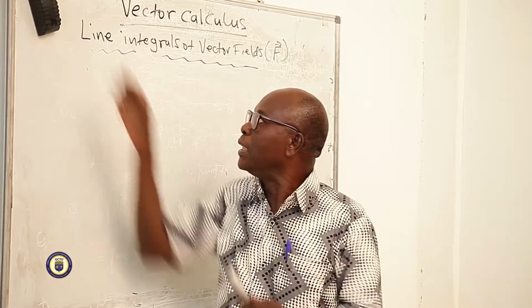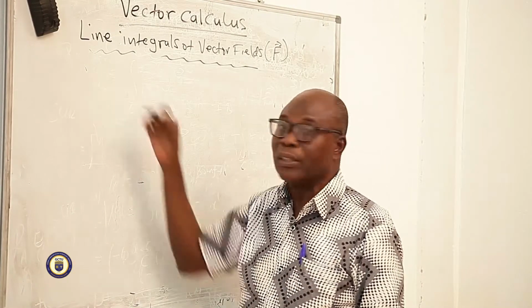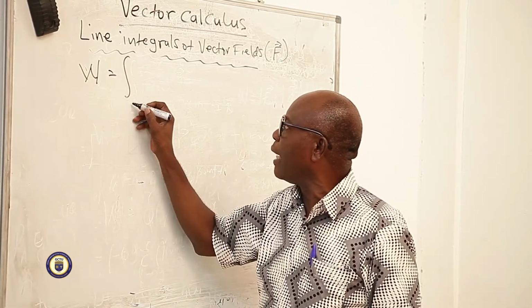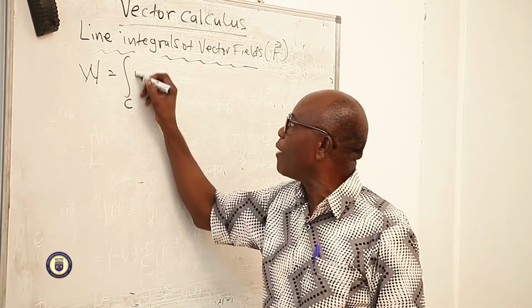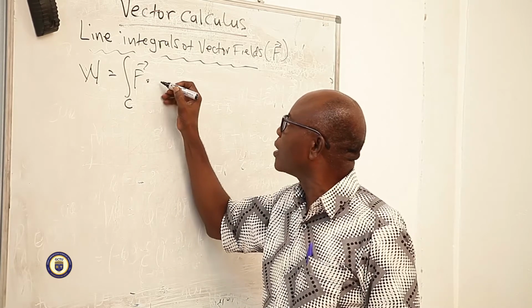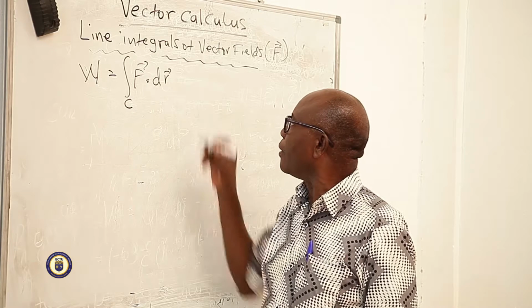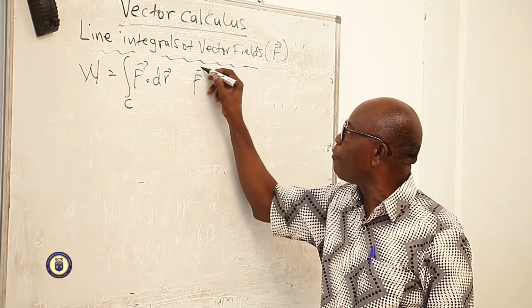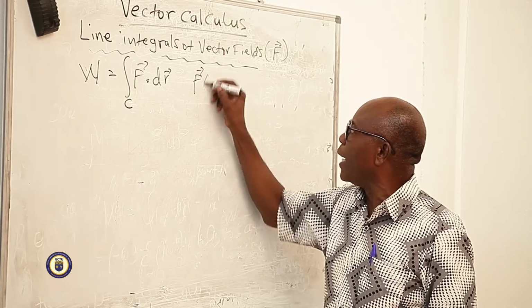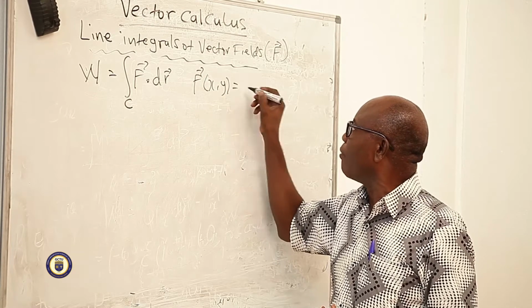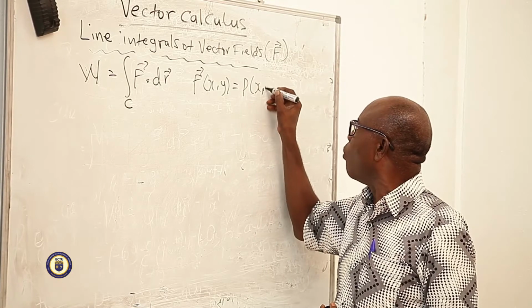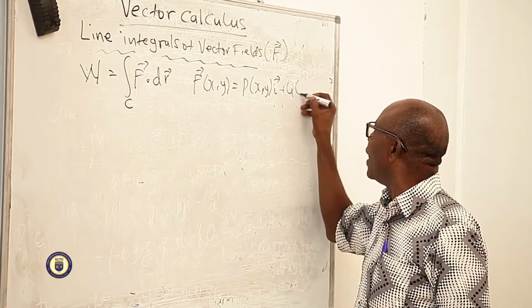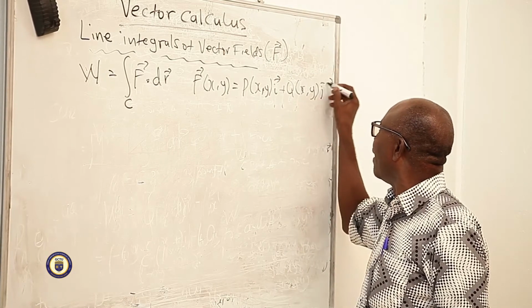We have the line integral, which we denote as the work done around a particular path, which is the integral around the path of F dot dr. Now F, if it's two dimensions, is defined as F of x and y equals P of x and y in the i direction plus Q of x and y in the j direction.